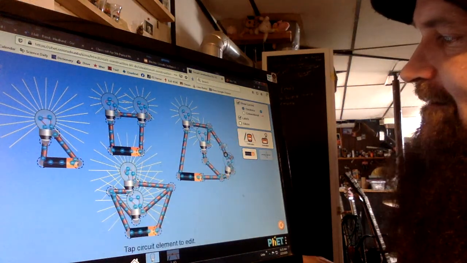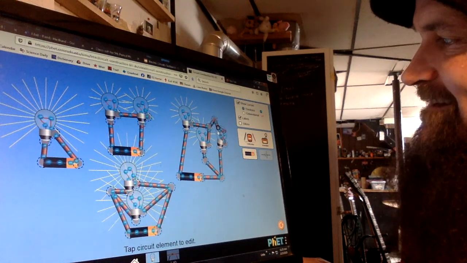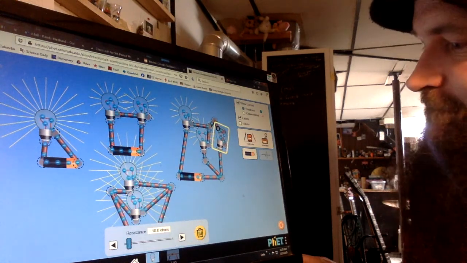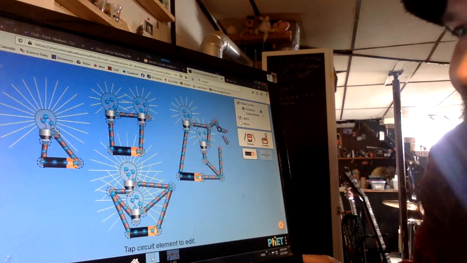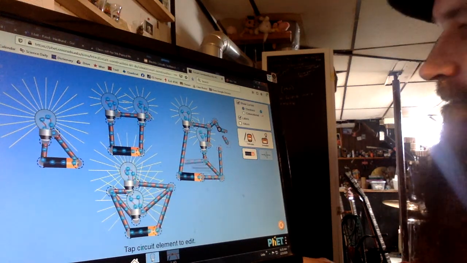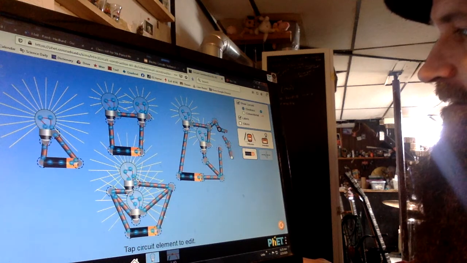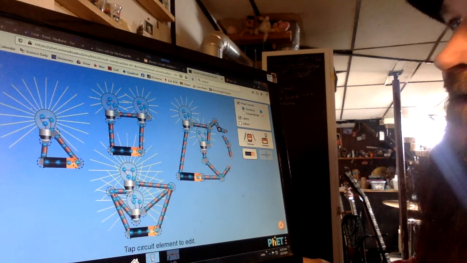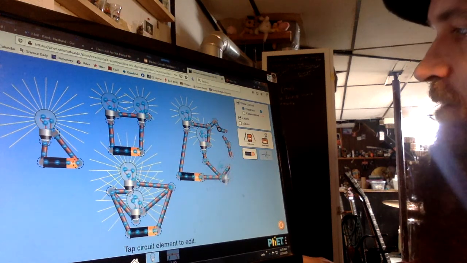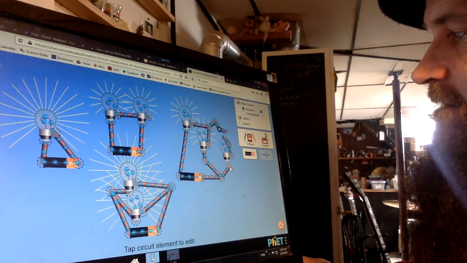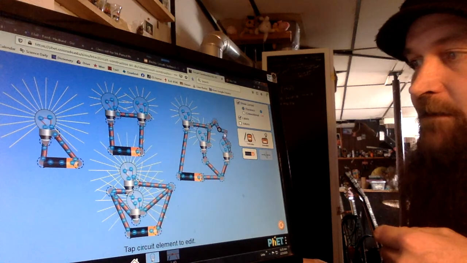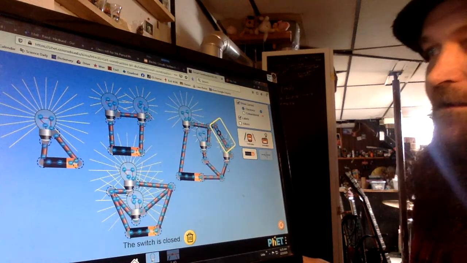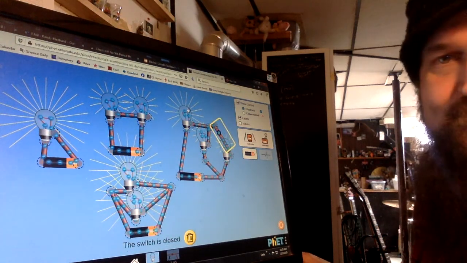Okay, I got to find a better spot for that switch. All right, I got to add another wire here. And now I'm going to make it a little easier to add this bulb. There we go. And now we have a switch. And so when we add a bulb in parallel, this actually got brighter.